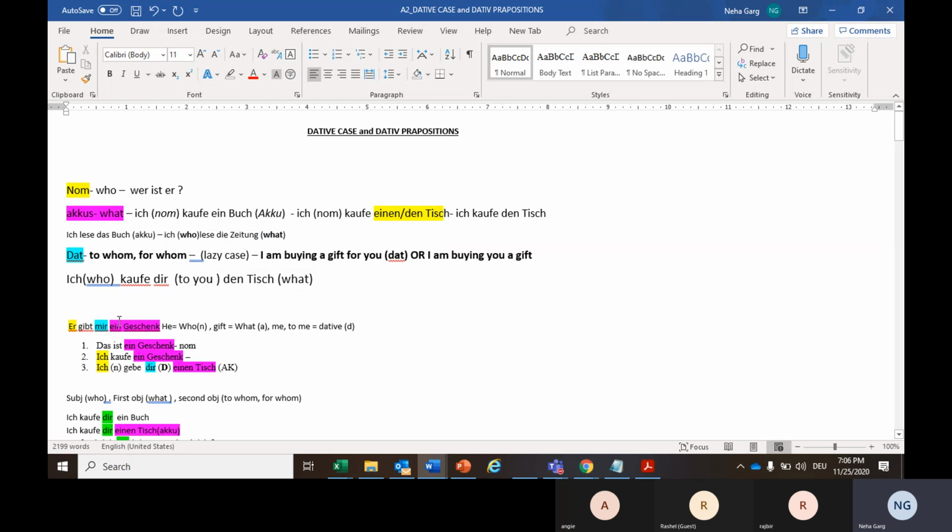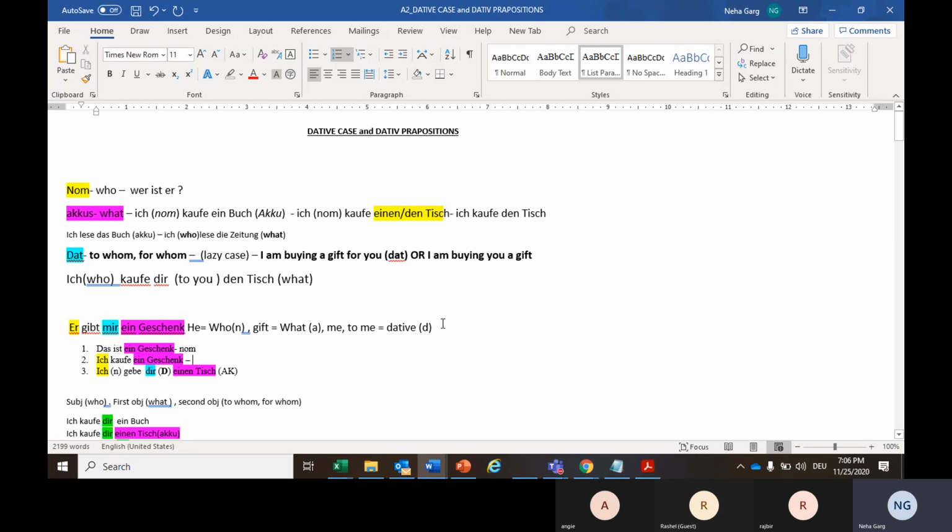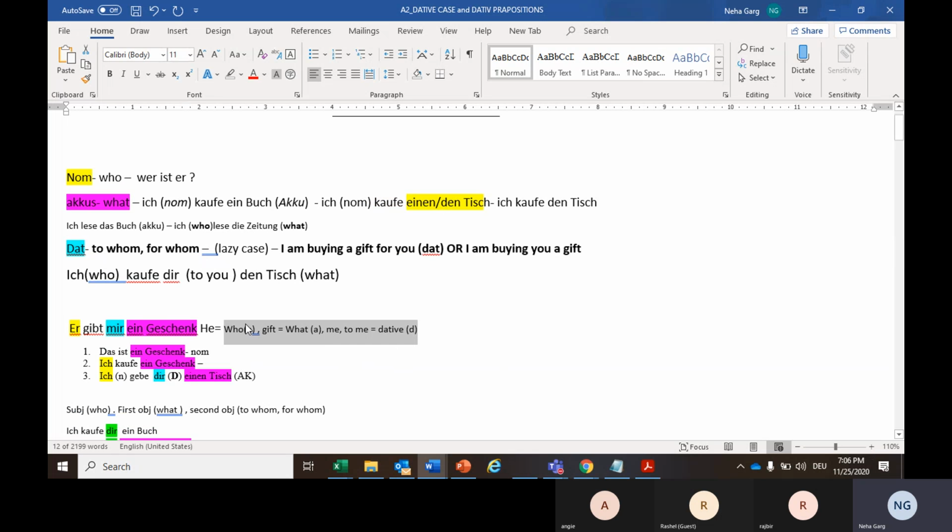Similarly, some more examples. Er gibt, let me increase the size. So er gibt mir ein Geschenk. See the sentence? He is giving me a gift. So who is giving me the gift? He.